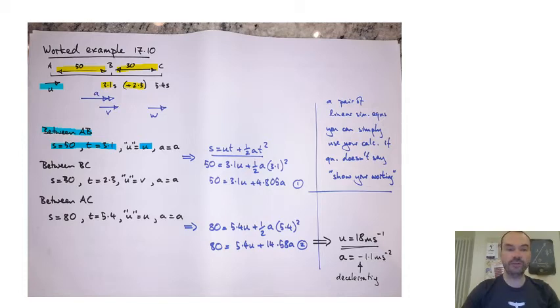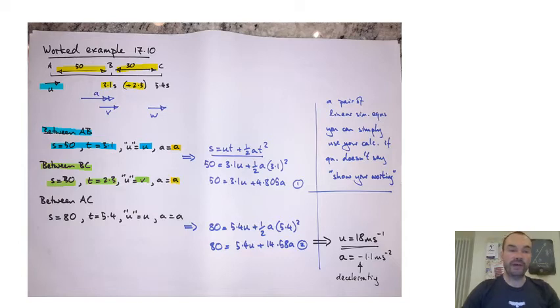Between B and C, we know the displacement's 30, we know the time is 2.3, but the initial speed here won't be the same as the initial speed at A, will it? So the initial speed at B will be this V, and the acceleration is still A.